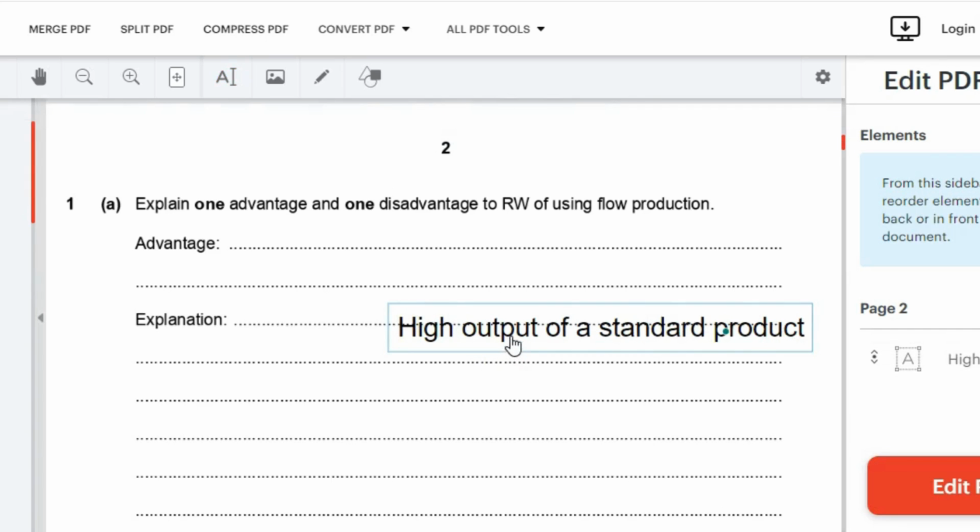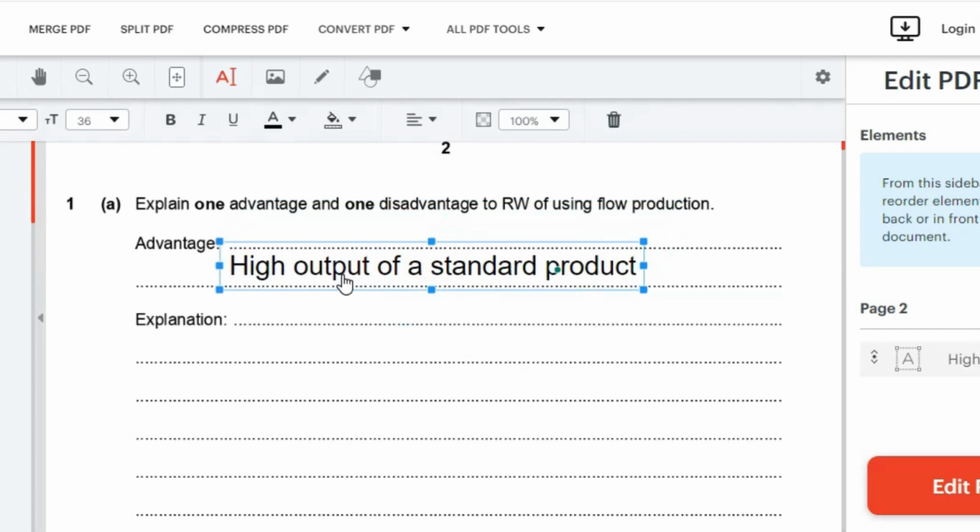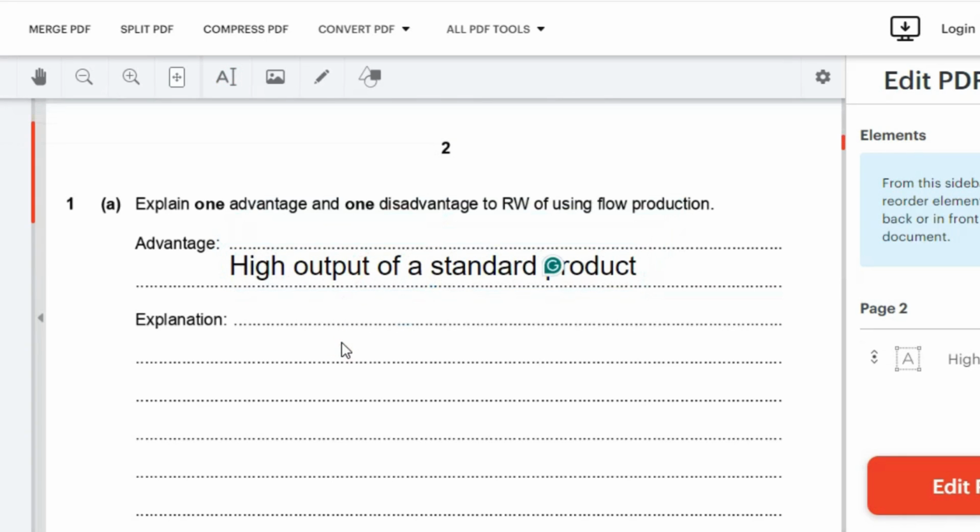Now, what is the explanation of this as an advantage? Of course, we might not have to type all this explanation out due to our time, but I will explain this to you in words. When we use flow production, that is continuously producing a product, it can lead to a potential increase in sales and possibly higher revenue and profit.